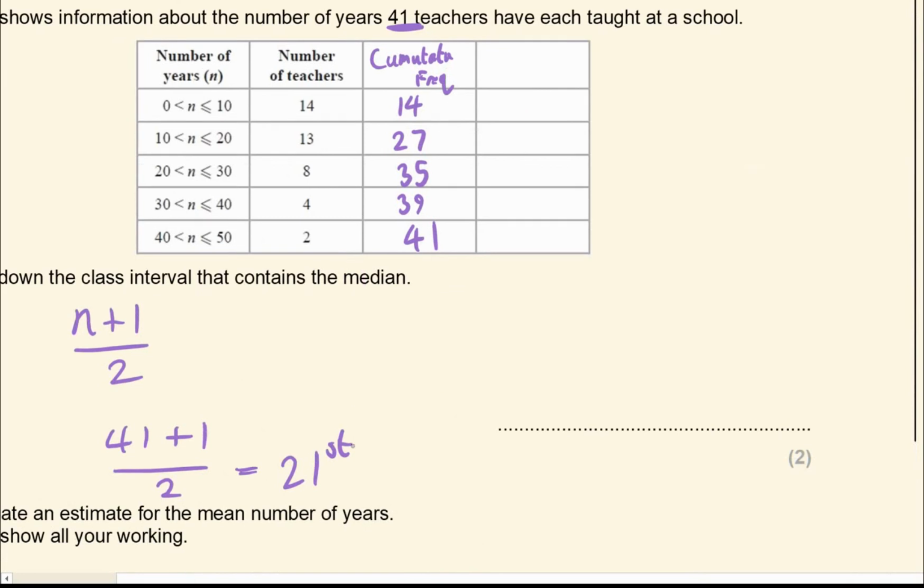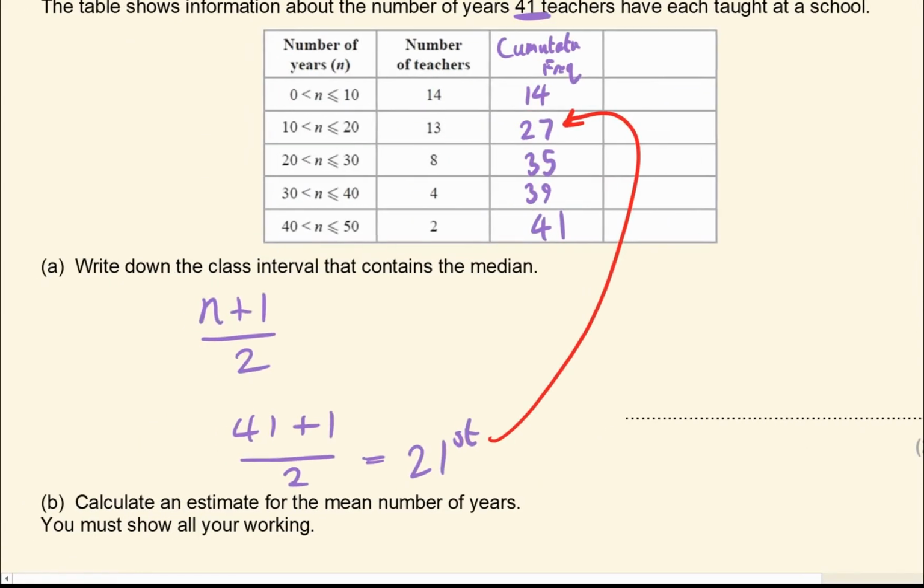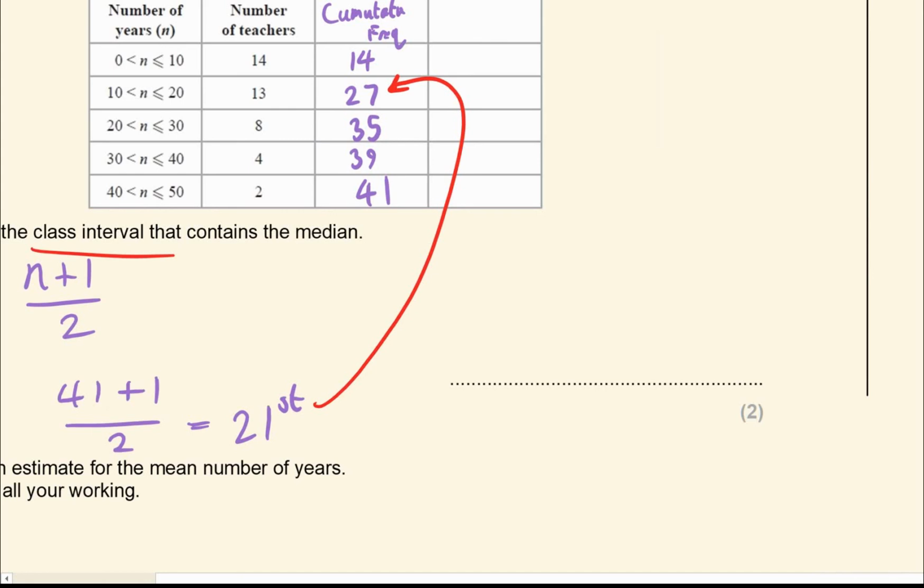We want to find where the 21st guy is going to be, and hopefully you can see he's going to be in this region here. Because in the previous region we had too few teachers, and by the time we finish this region we've now got too many. So somewhere in these 13 teachers there was a 21st teacher. It says write down the class interval, that's just this thing here, so you can just copy it down, and this basically means somewhere between 10 and 20.